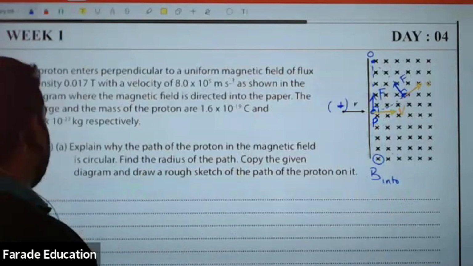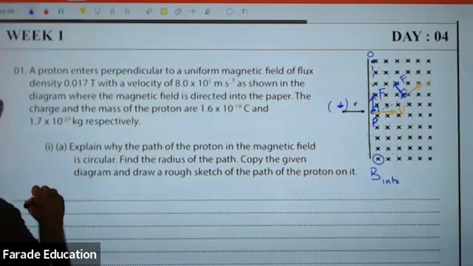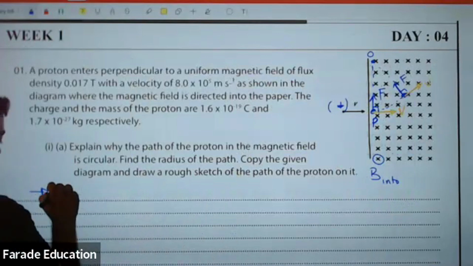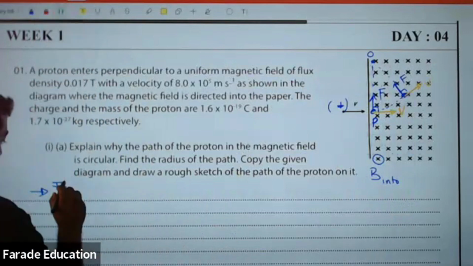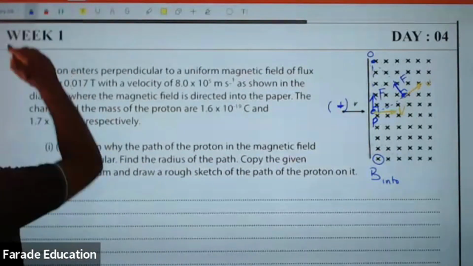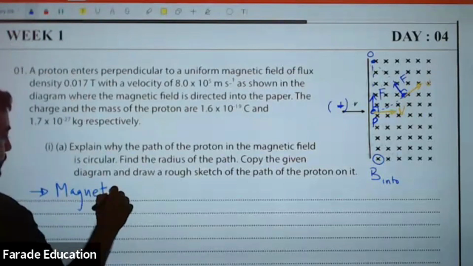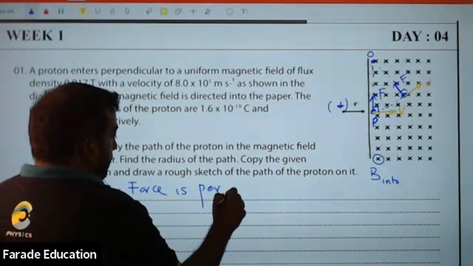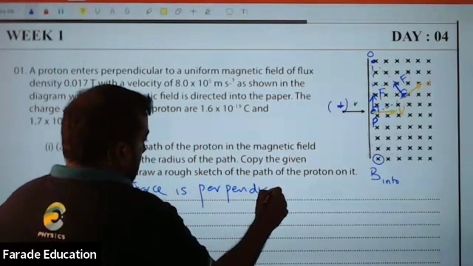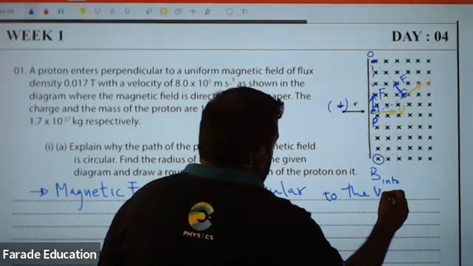So if you write it in point form, first point: the magnetic force is perpendicular to the velocity.